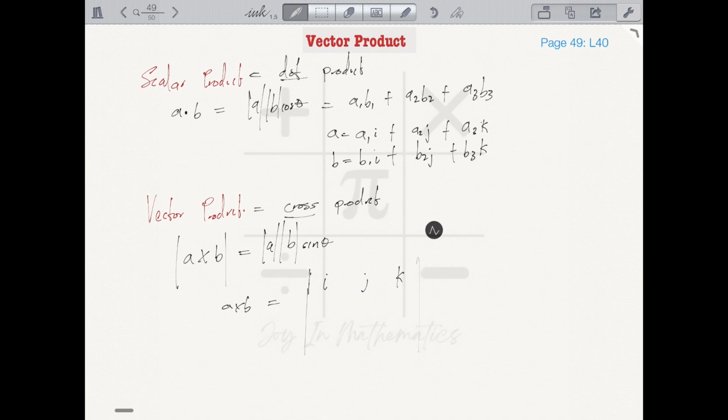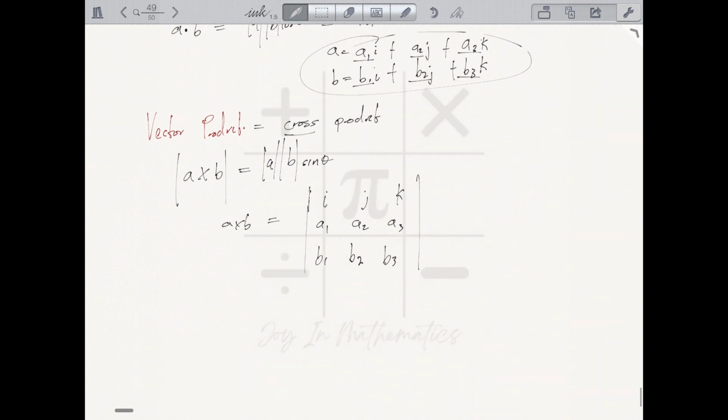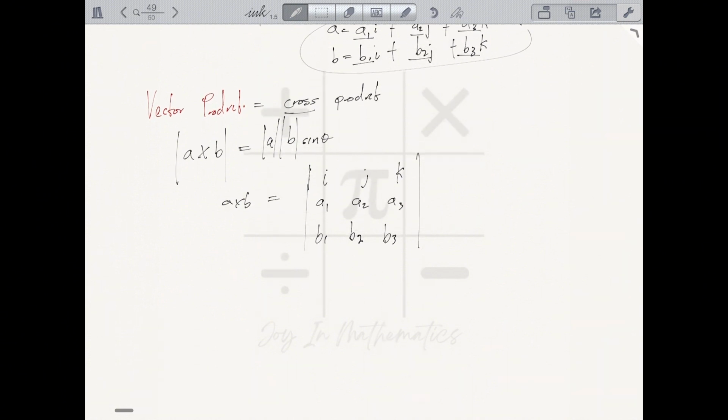We have these two vectors A and B. We just write the components of A, that's A1, A2 and A3, and the components of B, B1, B2 and B3. With this done, we simplify using determinants of a 3 by 3 matrix.